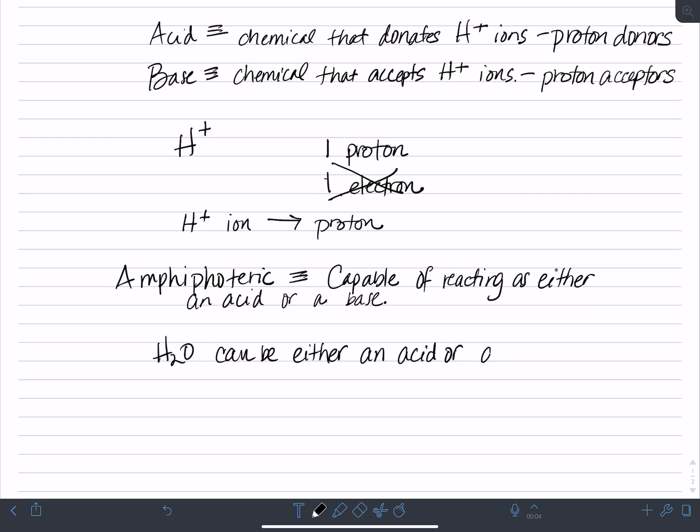Now, what do we mean by that? Well, we mean that in certain chemical reactions, it will act as an acid, and in different chemical reactions, it will act as a base. It does not mean that water can be both an acid and a base in the same chemical reaction. It simply means that it has the capability of acting in either way, depending on the circumstance, the chemical reaction that it's participating in.